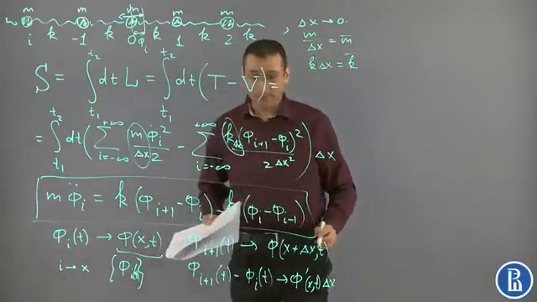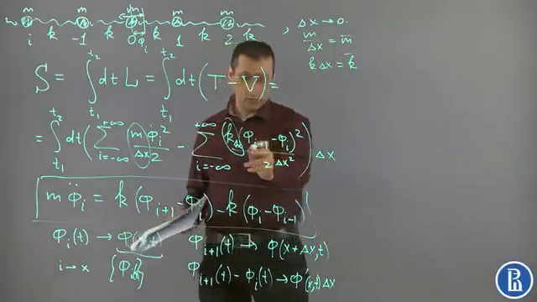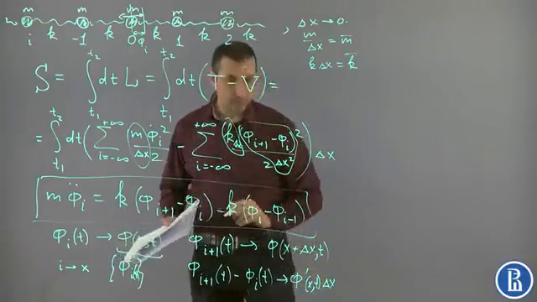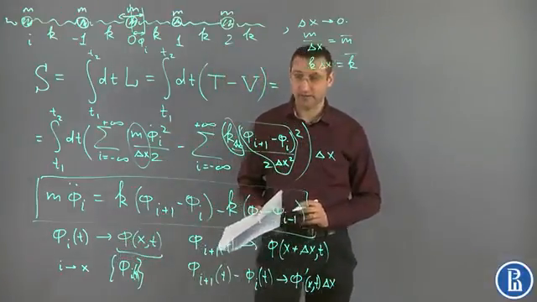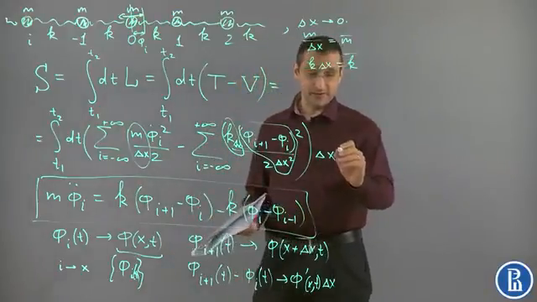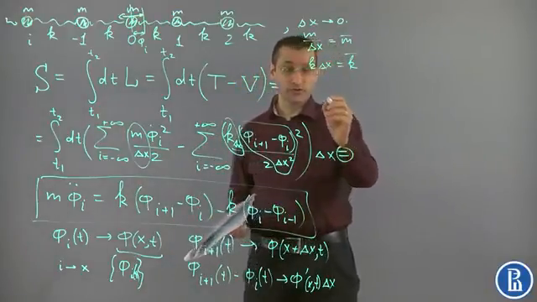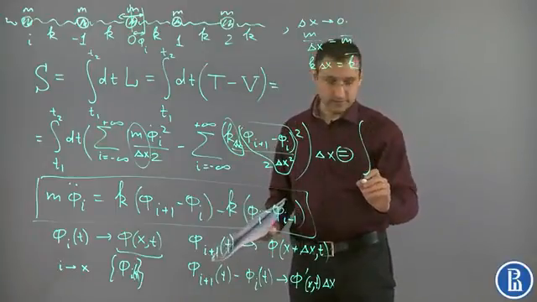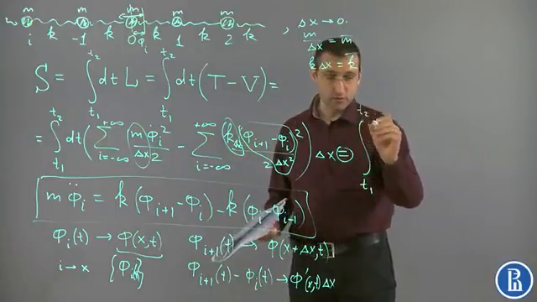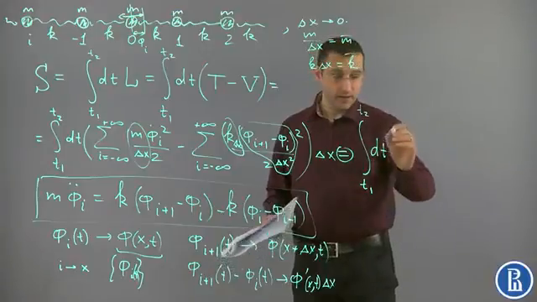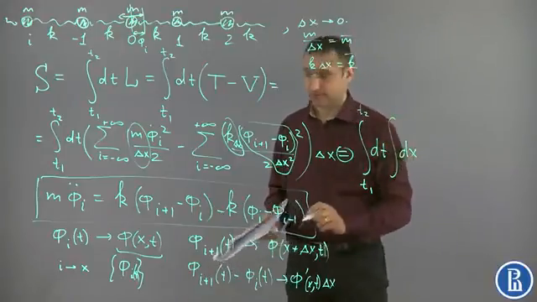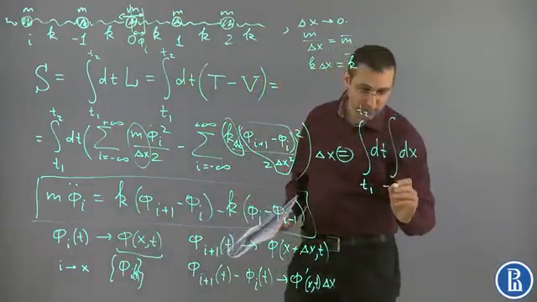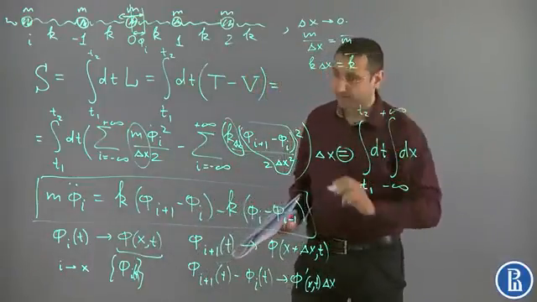Now, what do we obtain in this limit then? Well, this guy becomes phi prime, as one can see, and as a result, this action goes into, let me write it, we can write it like this. It's the integral from t1 to t2 dt, integral over dx. The sum with delta x goes into the integral from minus infinity to plus infinity.